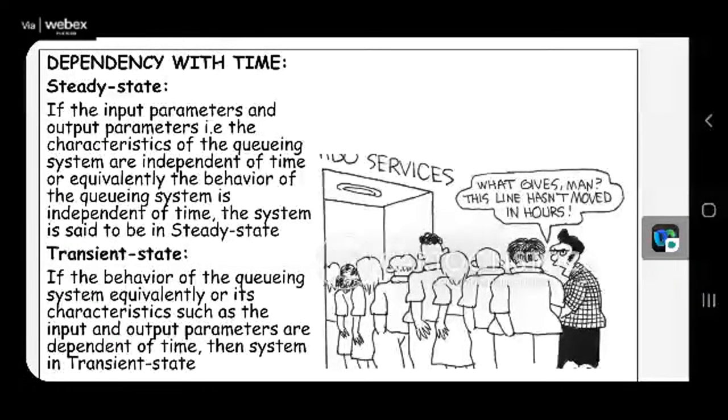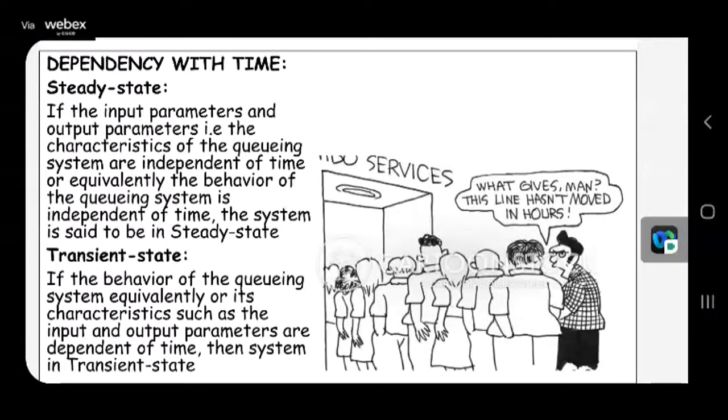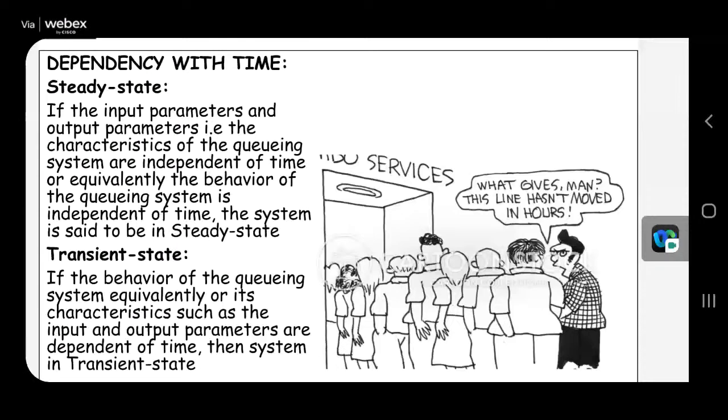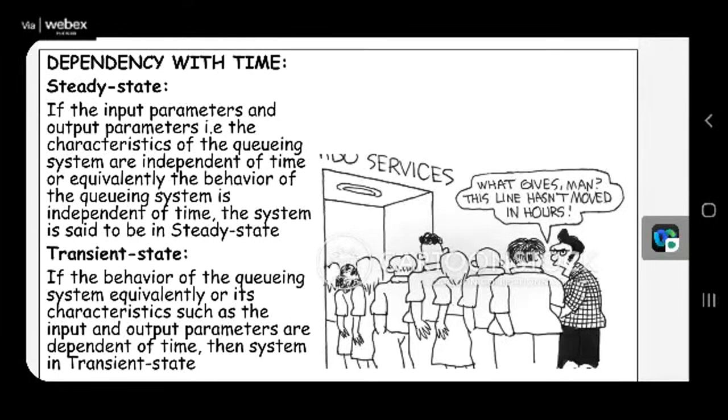Third person, again an empty one. Fourth person, again empty. For the fifth person, one person is present in each of the cabins, so he will join one of them. Any such queue will achieve the steady state. That means with time, people will come, take the ticket, and move out. That is independent of time.